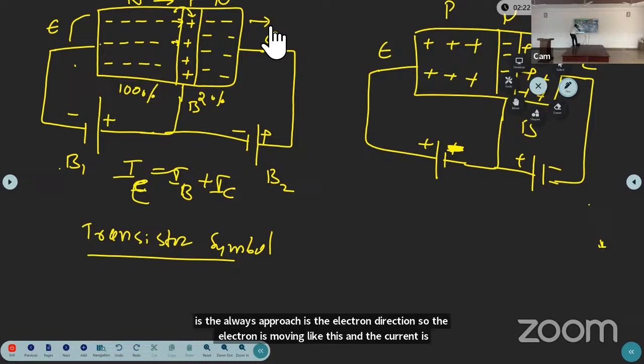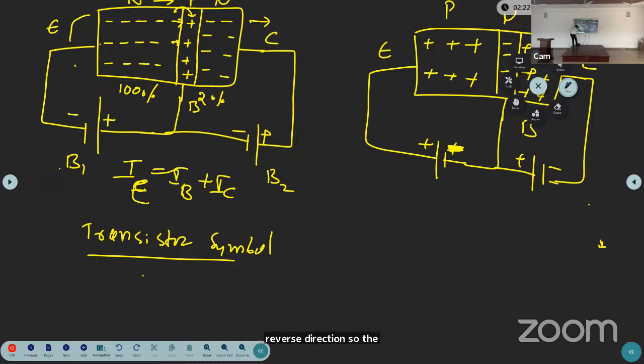So the transistor is having three terminals. This terminal is the common terminal for the emitter and collector, so that is called the base, and here the emitter and the collector.